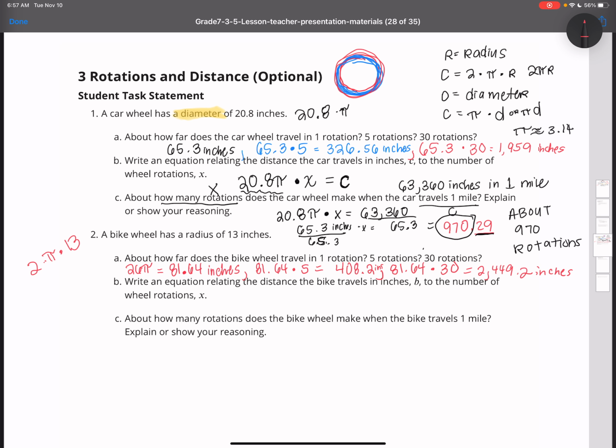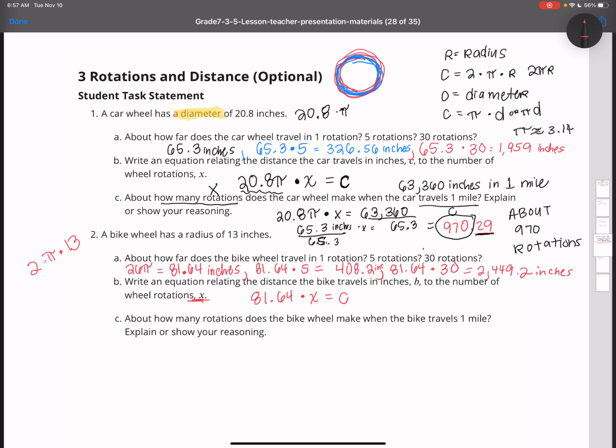Okay, we want to write the equation, and I'm going to write it differently this time. I'll write it like this. All right. So it could be 81 64/100 times any given number of rotations, because the rotations is represented by x, will equal the distance.